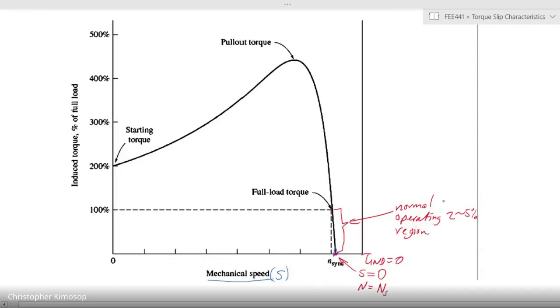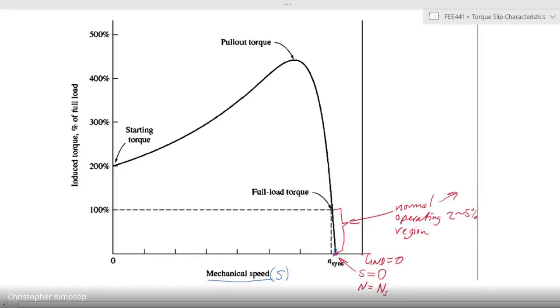That means that within this region, you can expect that the slip is directly proportional to the amount of torque that the motor can provide or that is induced within the motor. And that is why it is the normal operating region.